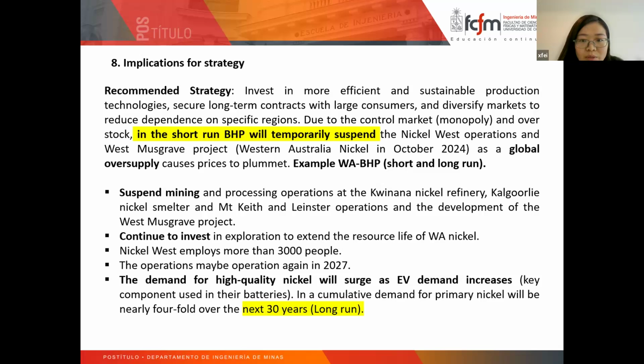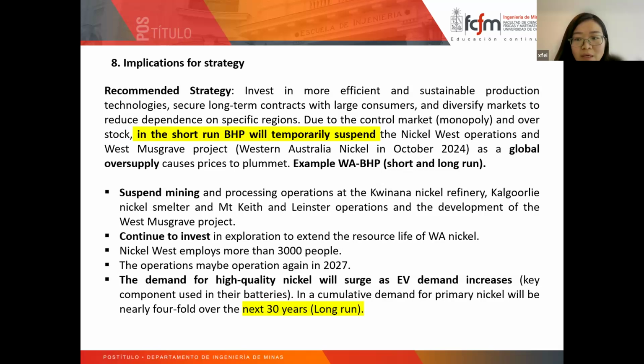The recommended strategy for BHP includes investing in more efficient and sustainable production technologies, keeping long-term contracts with large consumers, and diversifying markets to reduce dependence on specific regions due to market control, monopoly, or overstock.